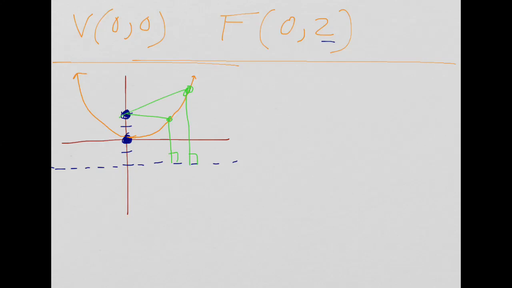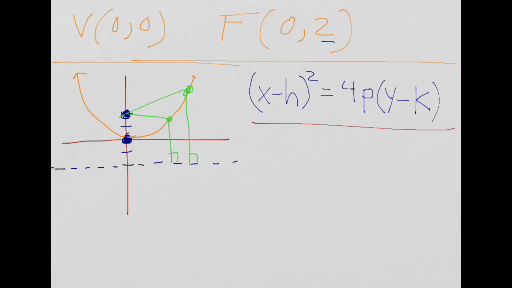But now, we want to actually write that equation. So we're going to be substituting our values into that equation. Now remember, we said our vertex is at the origin, so h and k are both 0. So we're going to get x squared equals 4 times p. P is the distance between the vertex and the focus, which in this case is 2, times the quantity y minus k, but again k is 0.